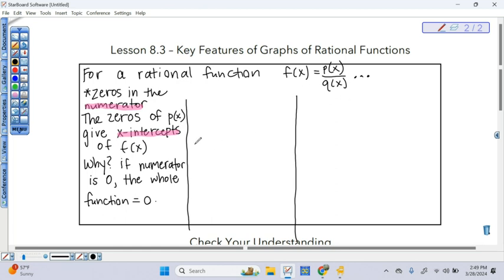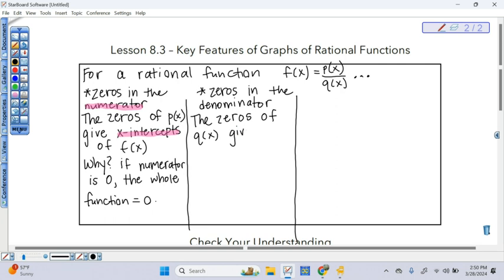And then my zeros of the denominator, zeros in the denominator, so the values that make Q of x, the denominator, equal 0. So the zeros of Q of x give the vertical asymptotes of the function.